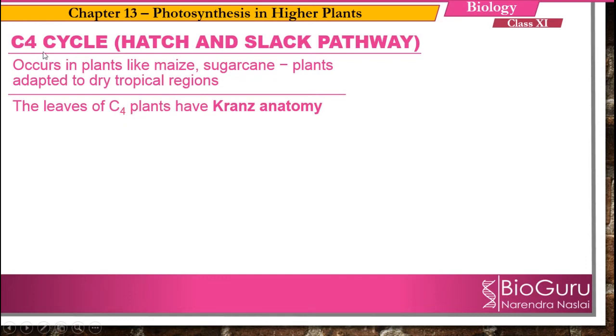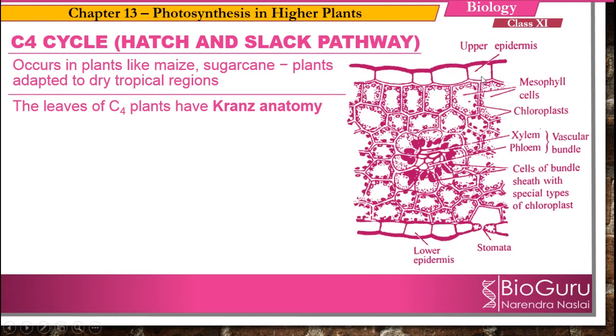In order to show this type of cycle, they should have a special adaptation and special anatomy. That anatomy is called Kranz anatomy, which makes this C4 cycle possible. So let's study the Kranz anatomy before studying the C4 cycle, so that we can understand it in a better way.